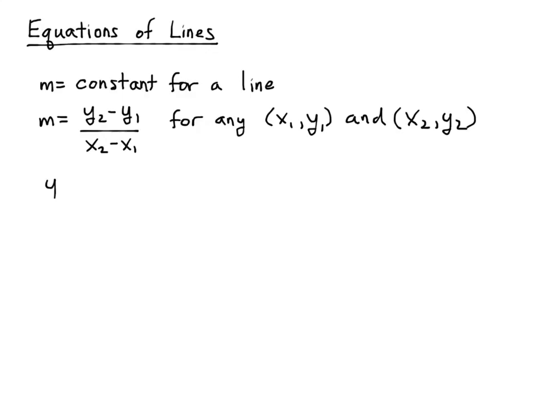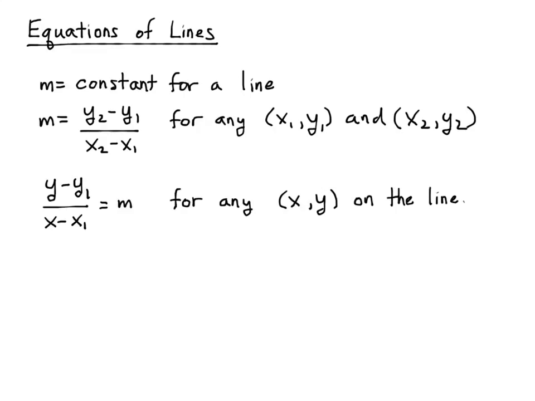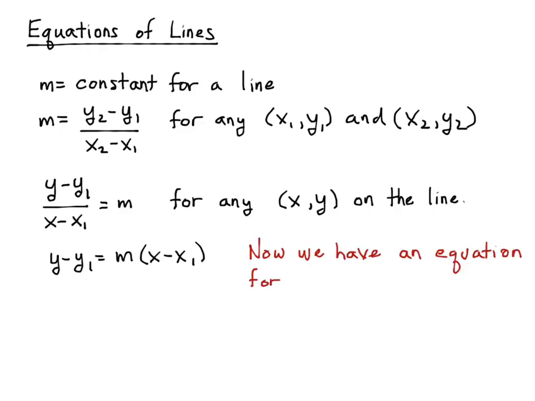Now I'm going to make a subtle change to this, and I'm going to say (y minus y1) over (x minus x1) equals m. And so now I'm saying for any x, y, I'm not saying it's a particular point, but any coordinate point x, y that's on that line will give me that slope. So if I do a little bit of algebra, and I multiply both sides by x minus x1, all of a sudden here I have the equation of a line, right?